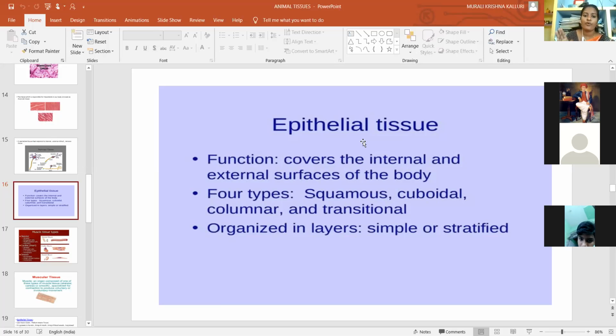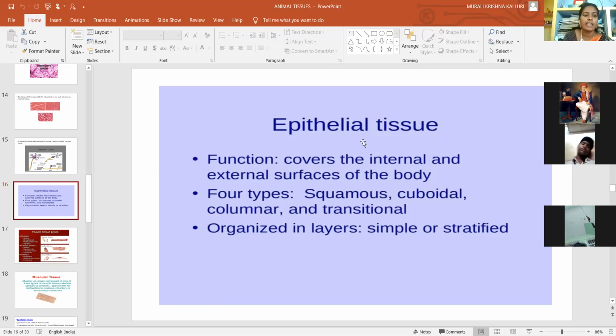Number 1 is squamous, number 2 is cuboidal, number 3 is columnar, and number 4 is transitional epithelial tissue.